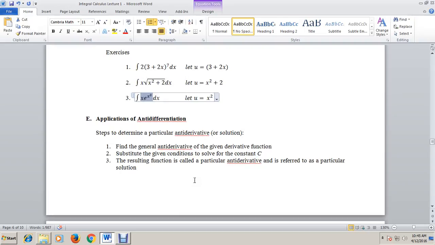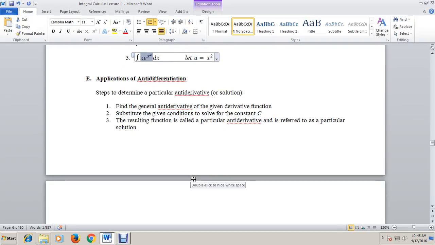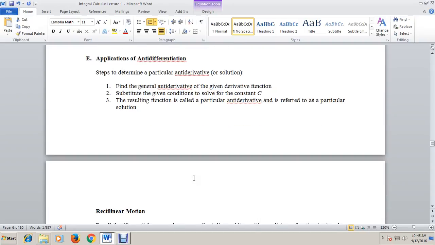Okay, so I'll be proceeding now with the applications for antidifferentiation. Steps to determine a particular antiderivative or a particular solution: First step is to find the general antiderivative of a given derivative function.